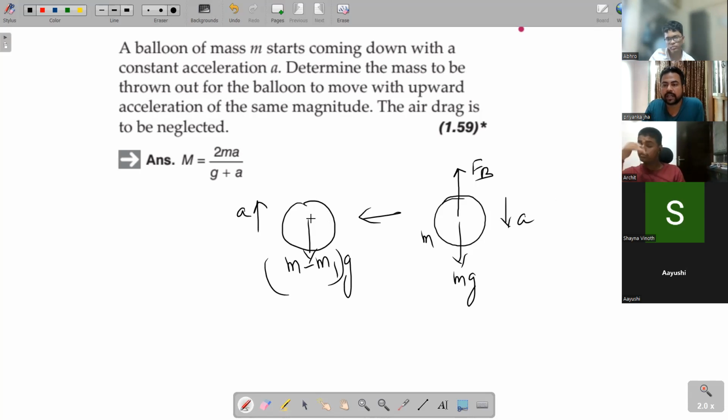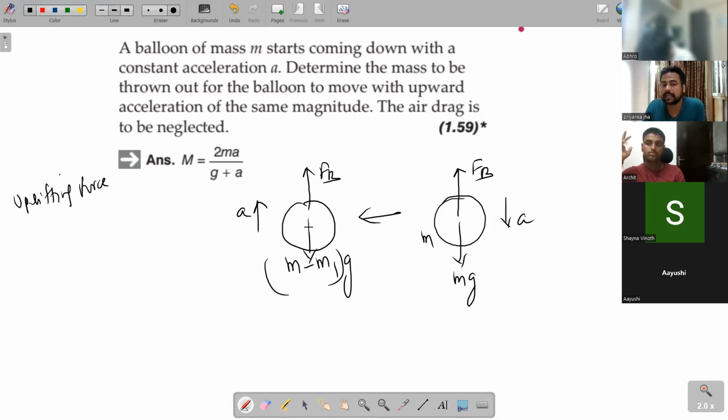But how, if net force is acting downward? There must be some force, called the uplifting force, which is also used sometimes. It is the same buoyancy force.